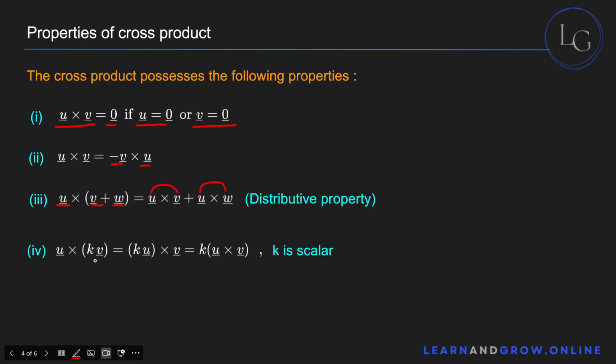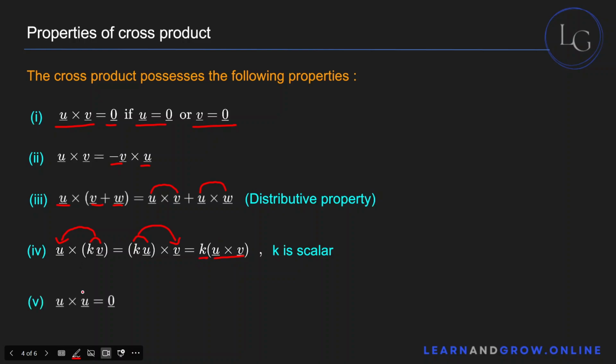And now here is another property which says that if you take the scalar multiple of v with k as the scalar, and then take the cross product of that with u, that is equal to taking the scalar multiple of k with u, and then the cross product with v. And all of this is also equal to taking the cross product of u and v and then multiplying the result with the scalar k.